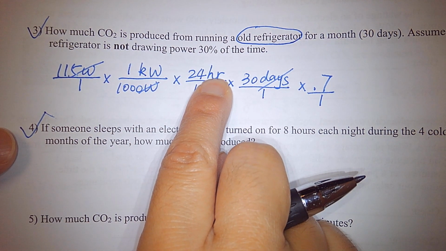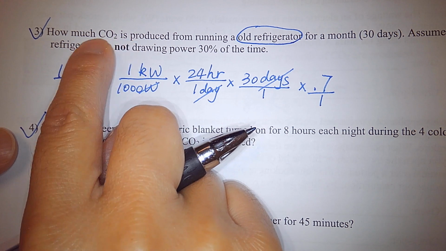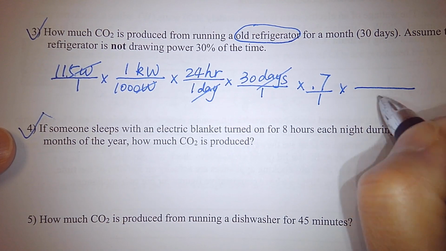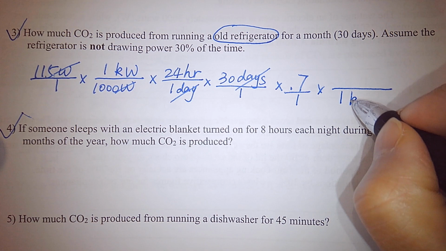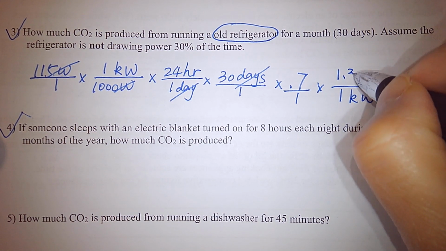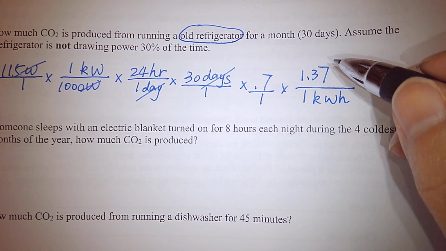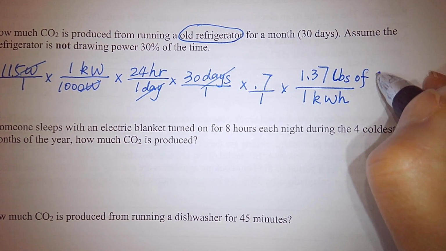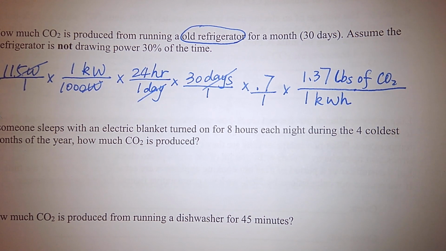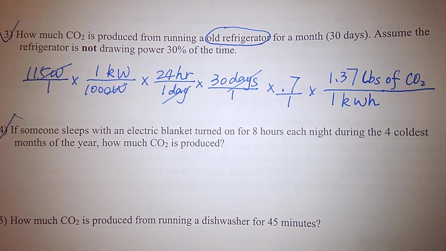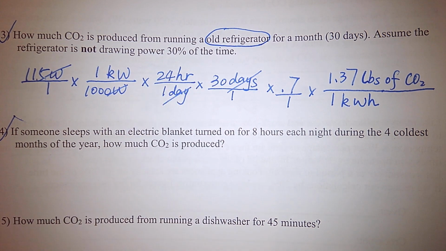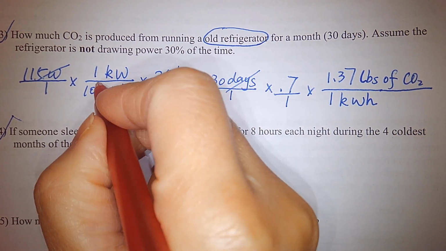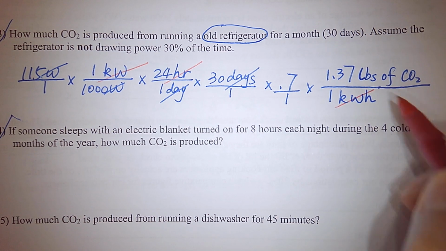Alright, so now we have the kWh. It's asked for the CO2 emission. Per 1 kWh, it will produce 1.37 pounds of CO2. Now let's cancel out the units. kWh gone.